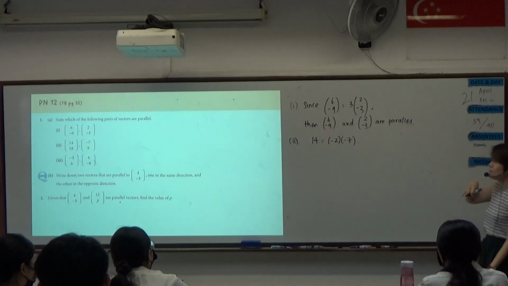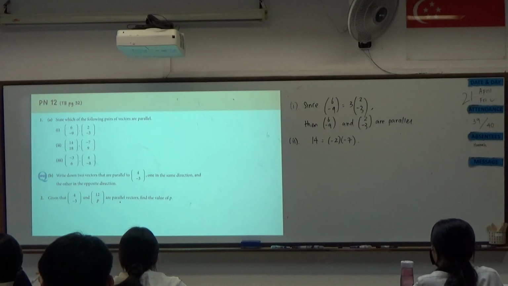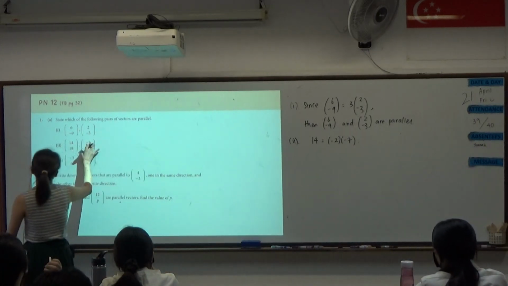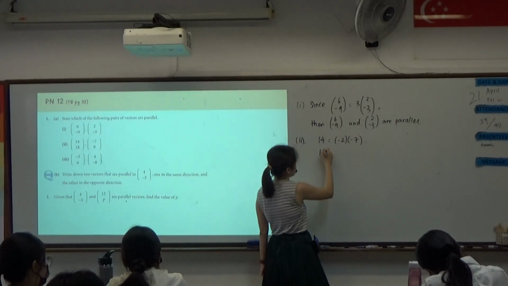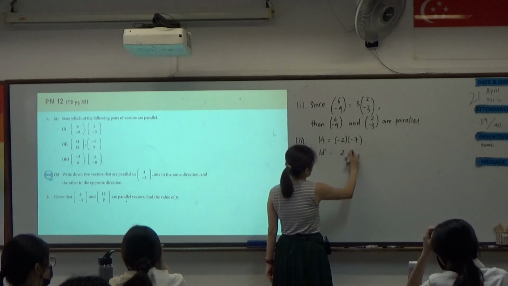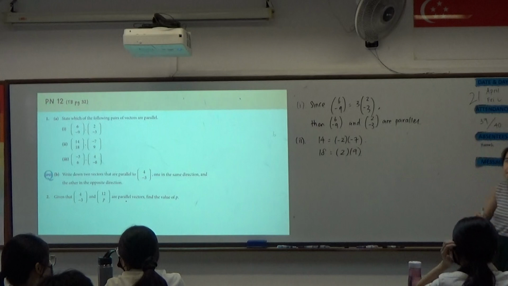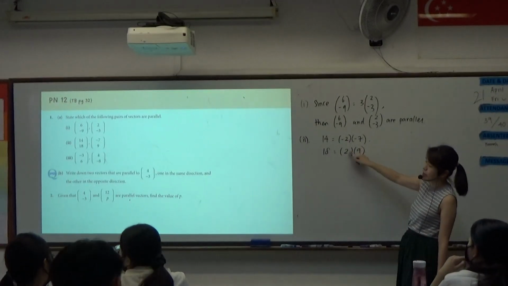Whereas for part 2, we see that 14 is equal to -2 times -7, between the two vectors, looking at the x component. Whereas for 18 and 9, we know that 18 is equal to 2 times 9. So this scalar number is actually not the same.